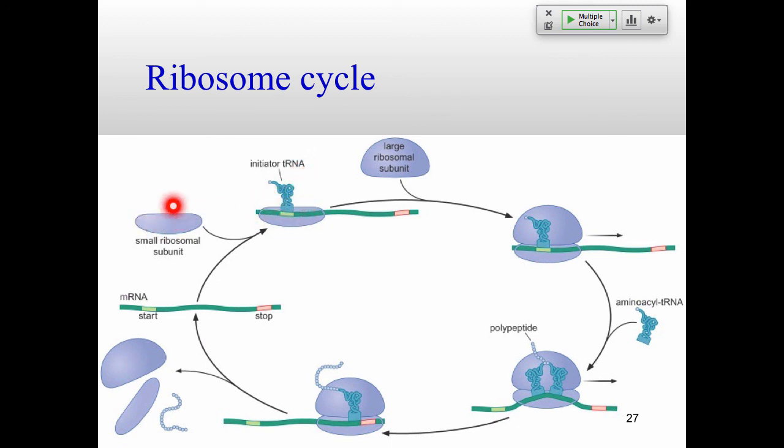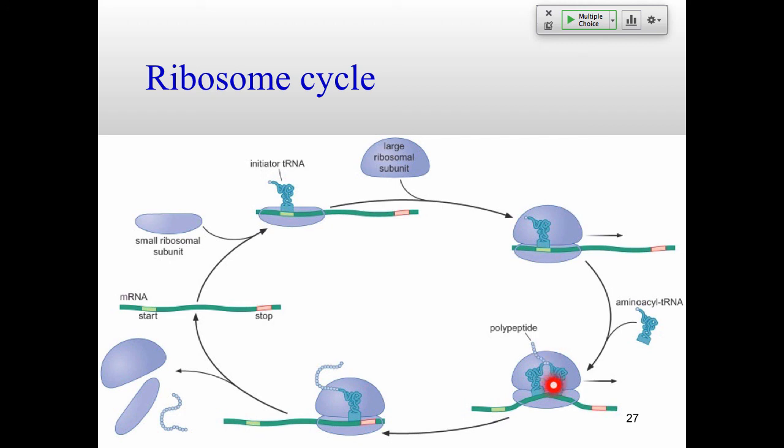That interacts with the small ribosomal subunit, which interacts with the messenger RNA and brings everything to the right place for initiation. Once you have the small subunit and your initiator tRNA, the large part of the ribosome comes on. Then you have extension.